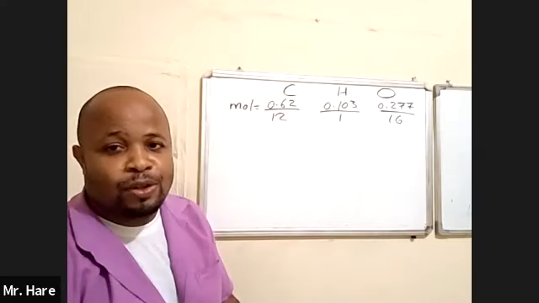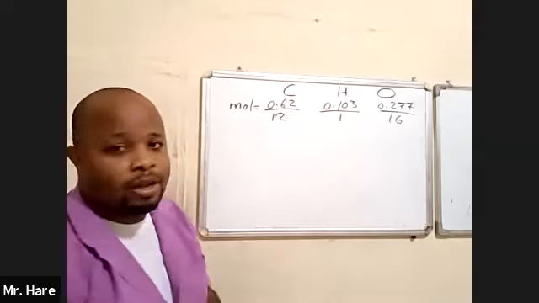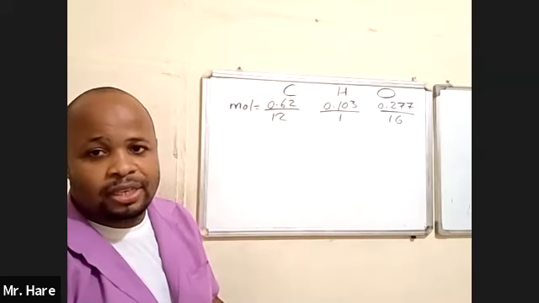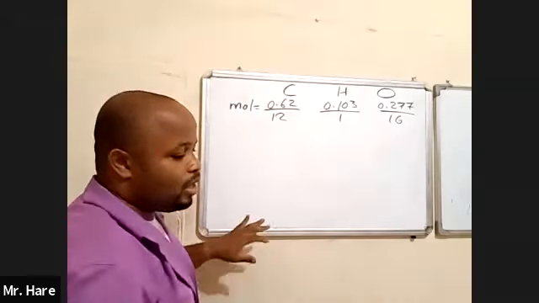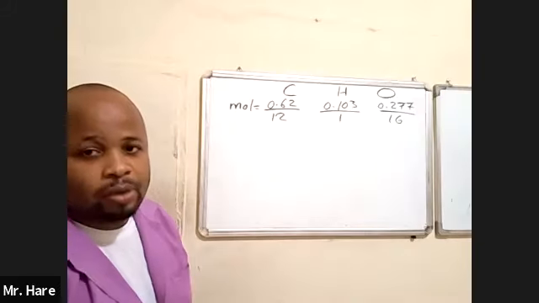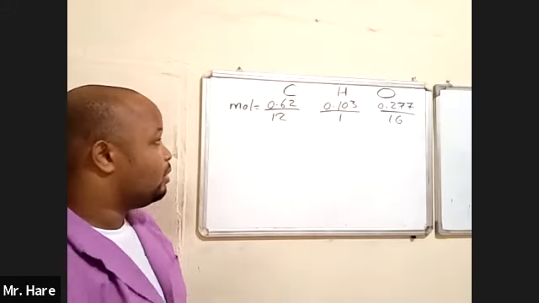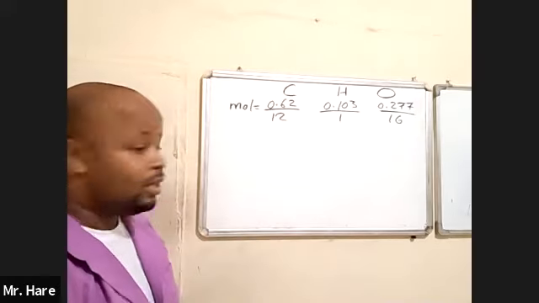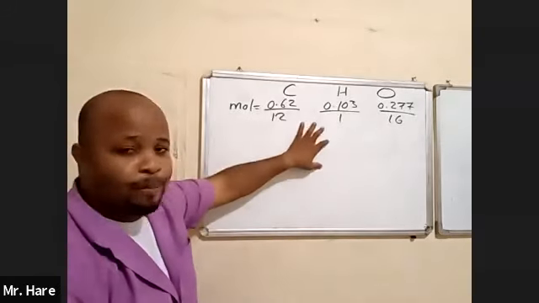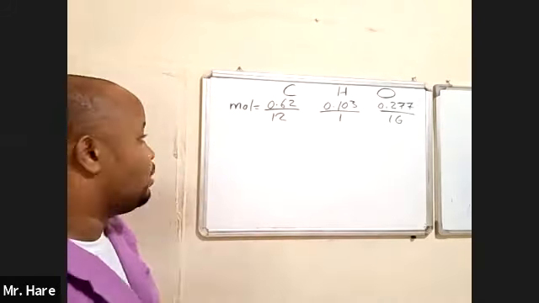They gave you the molar mass of the compound, but we don't know the actual formula of the compound as yet. The molar mass is used to calculate the molecular formula, not the empirical. So we're going to calculate the empirical, then the molecular.